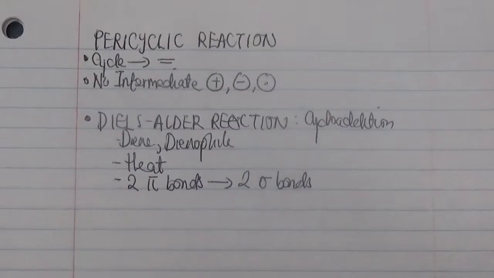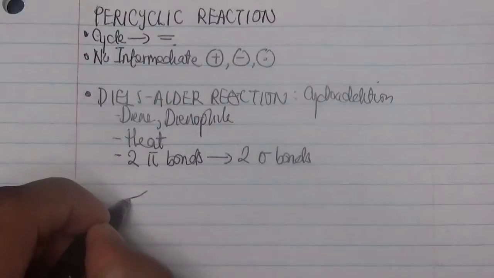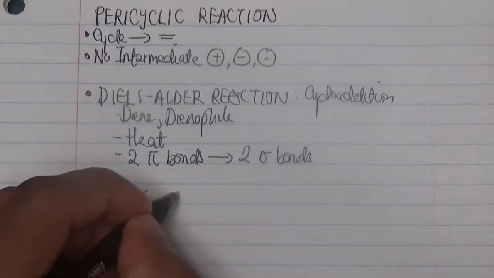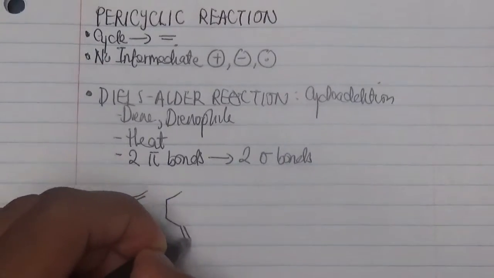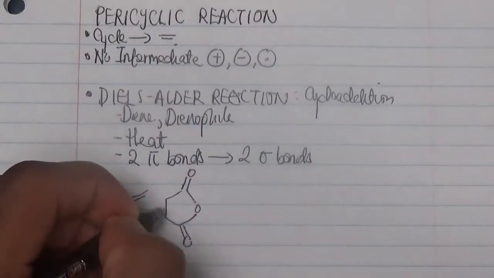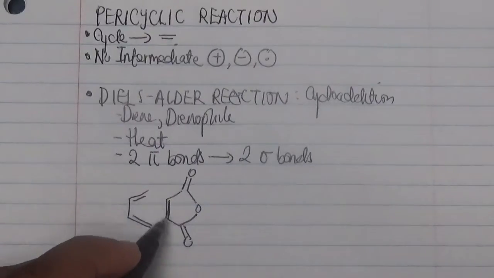Now when we look at the diene and dienophile, an example of this process is our diene, which has two pi bonds, and on the other side we have our dienophile, which has just one double bond between two carbons.